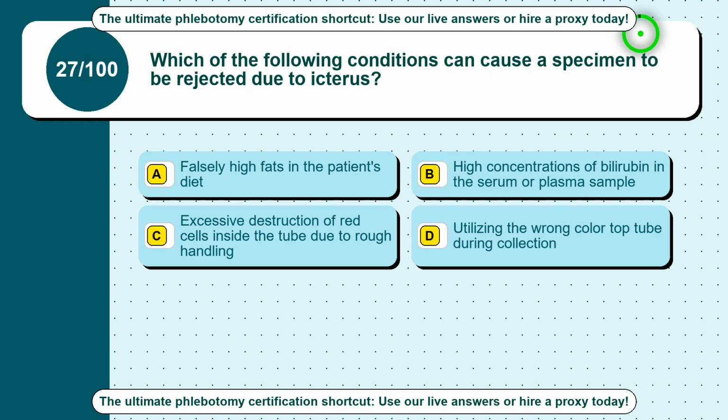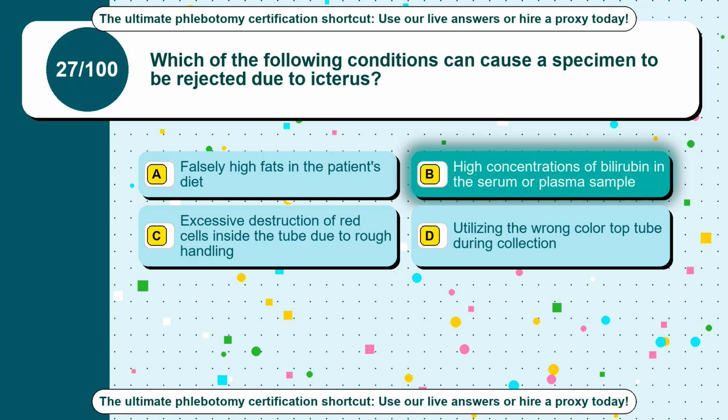Question 27. Which of the following conditions can cause a specimen to be rejected due to icterus? Option A. Falsely high fats in the patient's diet. Option B. High concentrations of bilirubin in the serum or plasma sample. Option C. Excessive destruction of red cells inside the tube due to rough handling. Option D. Utilizing the wrong color top tube during collection.